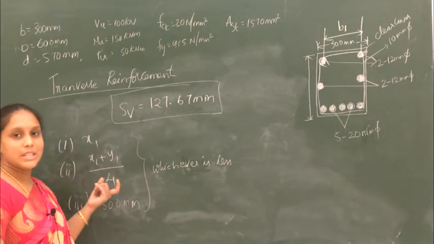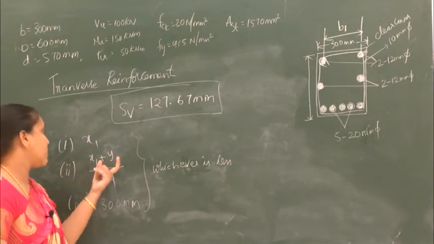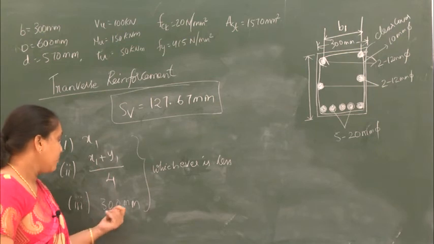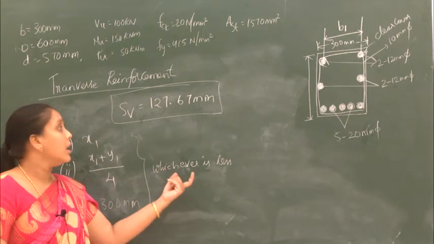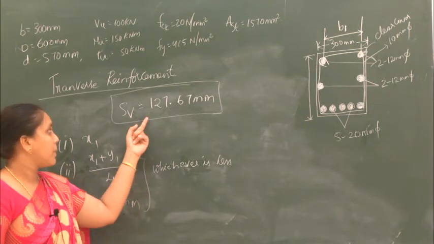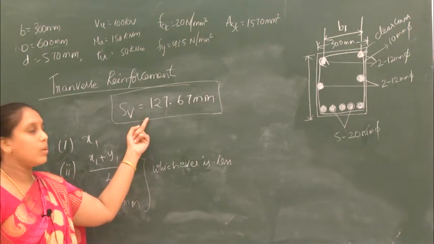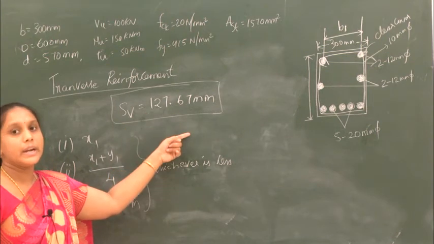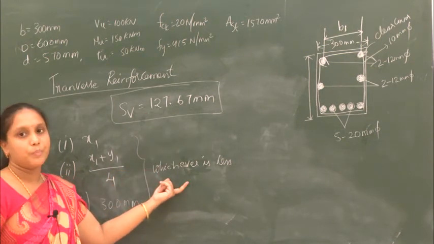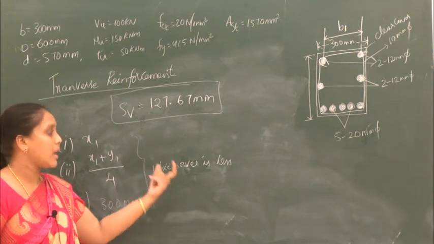So out of these conditions, that is x1 plus y1 by 4 and 300 mm, you have to take the lesser value, and the spacing you are providing here should not exceed this value.